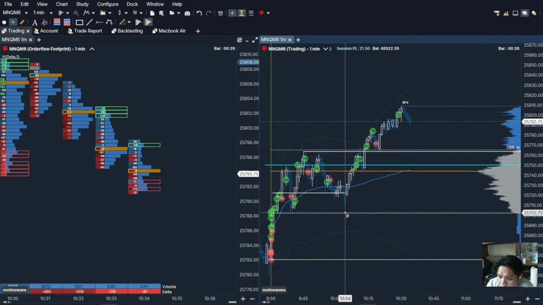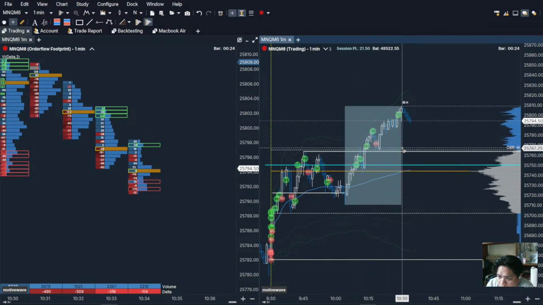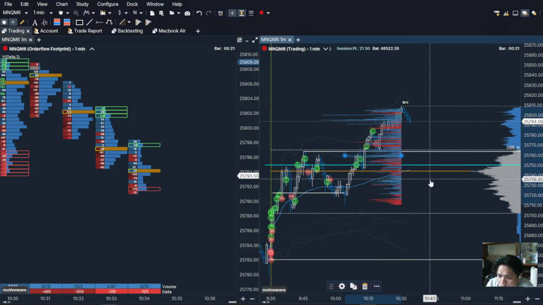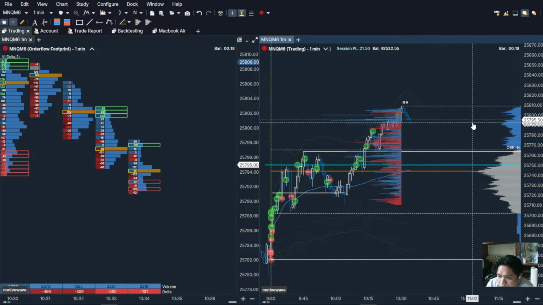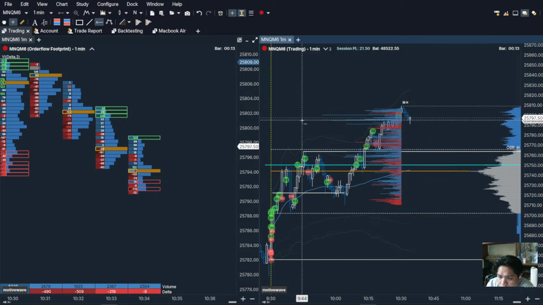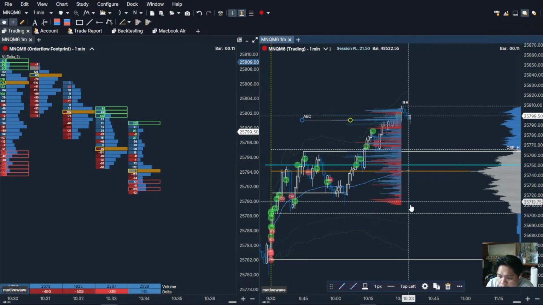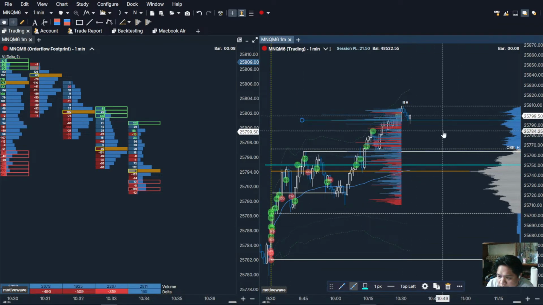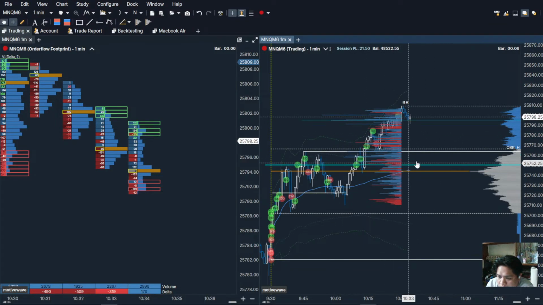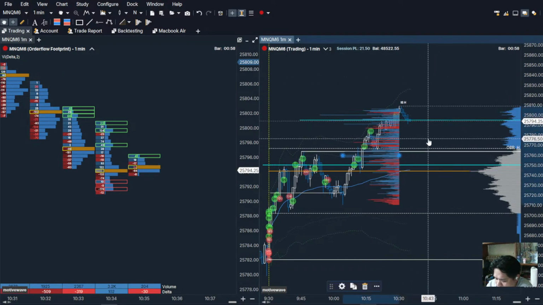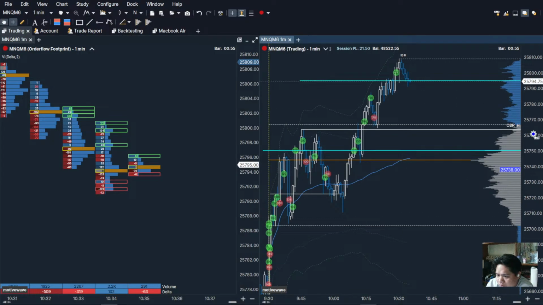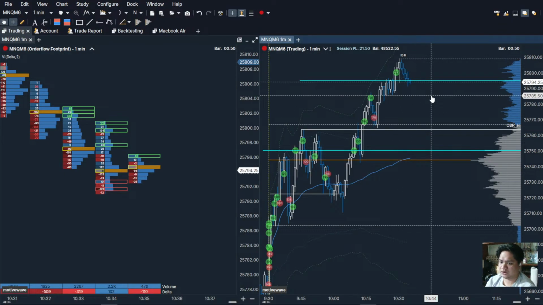Let's see where. Lots of buying happening here from this range. So anything within this range towards the upside is cool, I guess. Looks like if we can't go up from here, definitely from here. That's my setup.